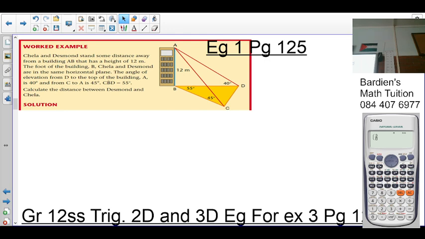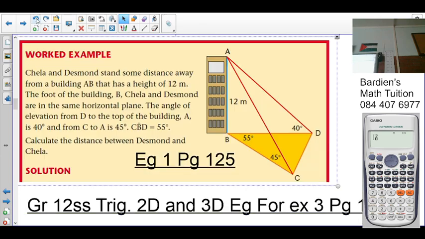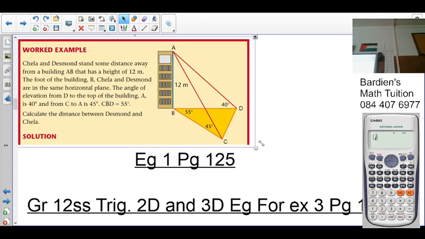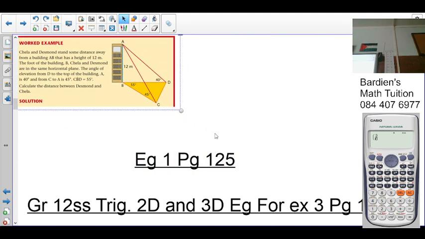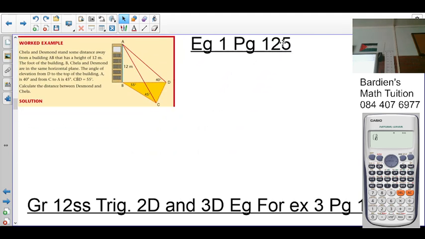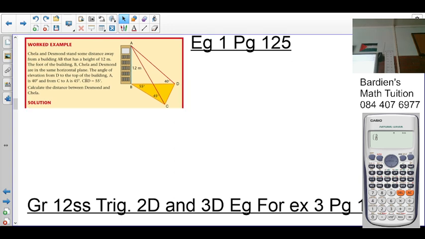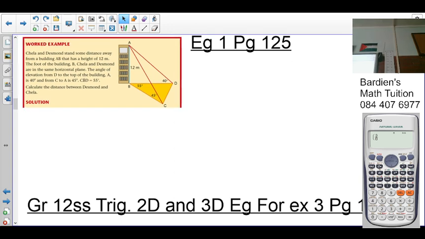Okay, nice. Sheila and Desmond stand some distance away from building AB. This diagram doesn't look so right. That looks a bit better. AB has a height of 12 meters.